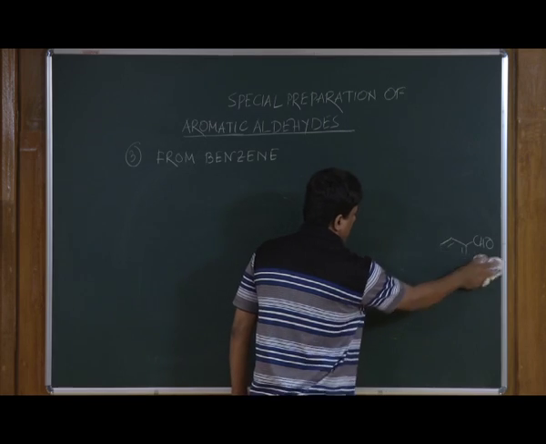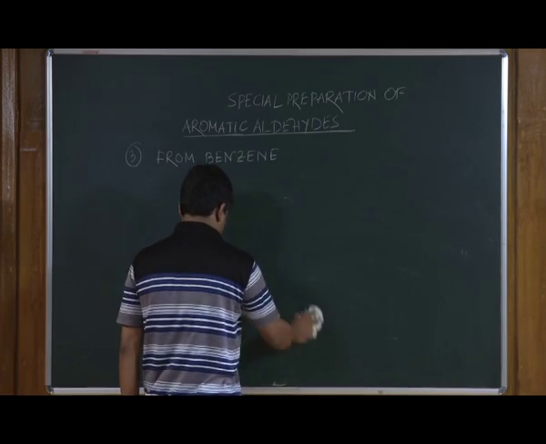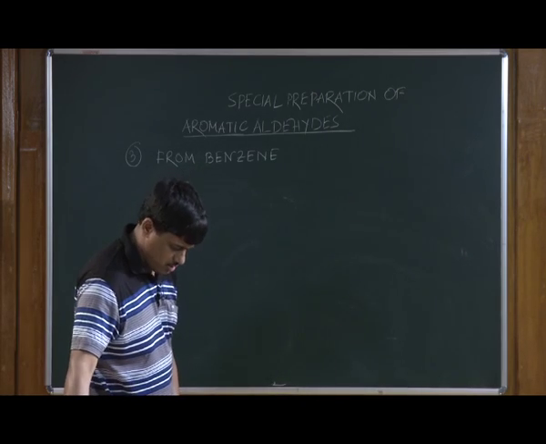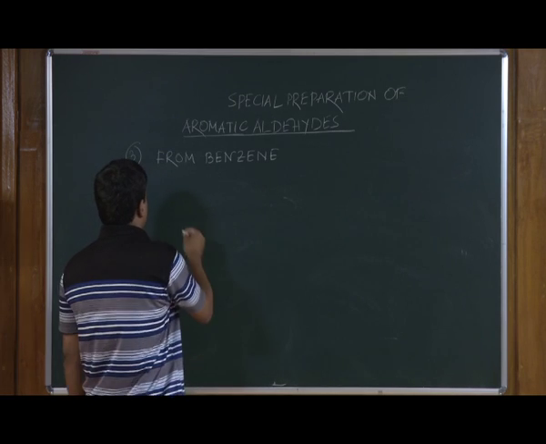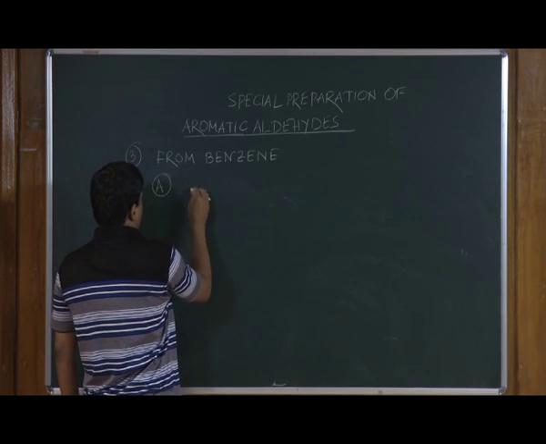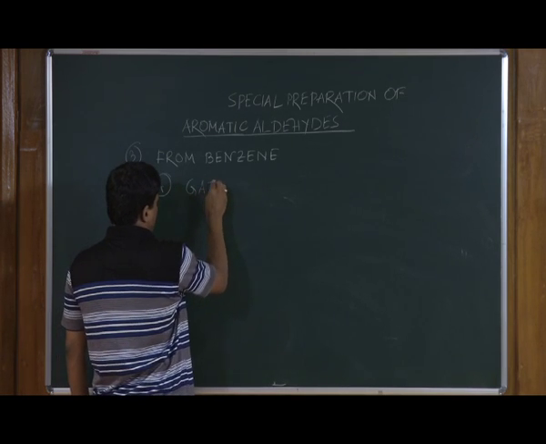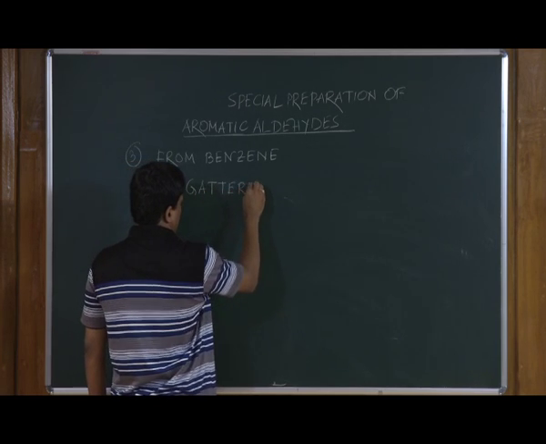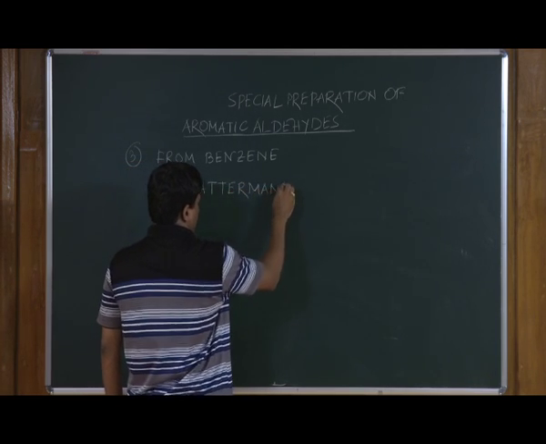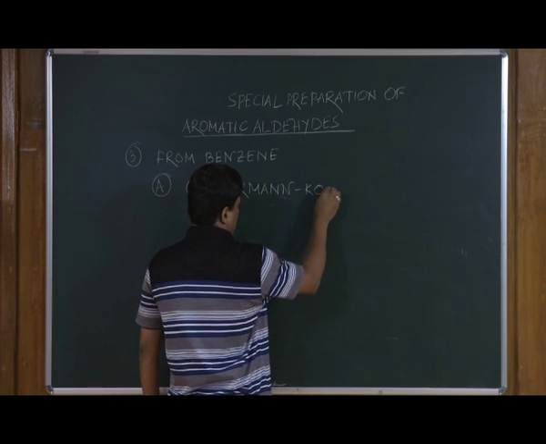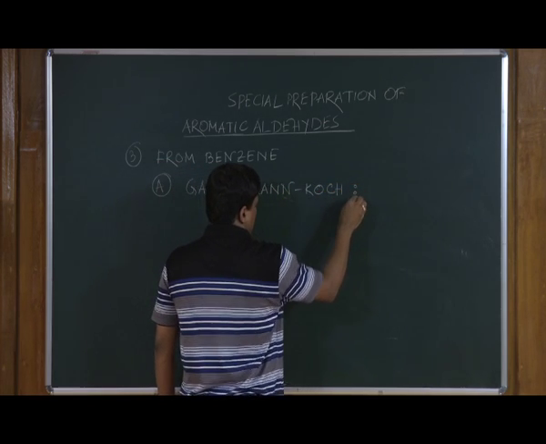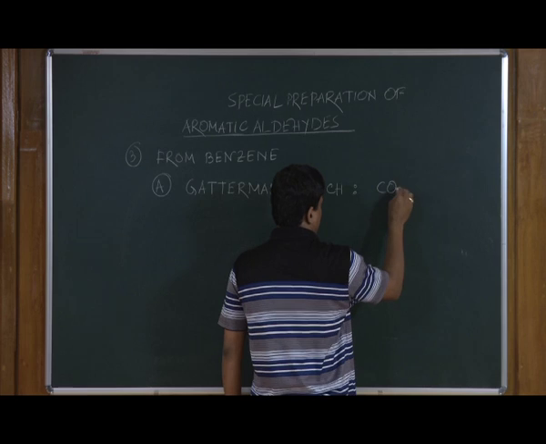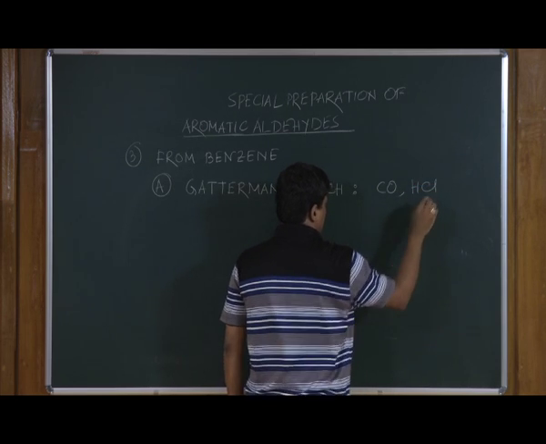First one is the Gattermann-Koch, in which carbon monoxide and HCl are used.